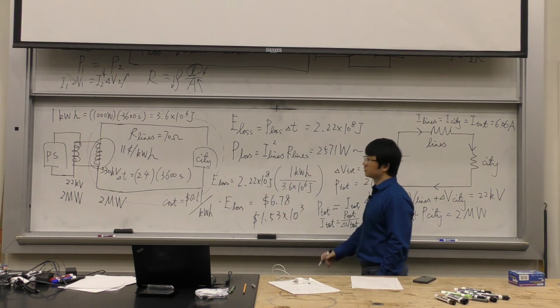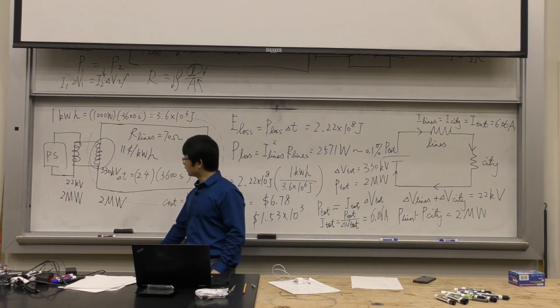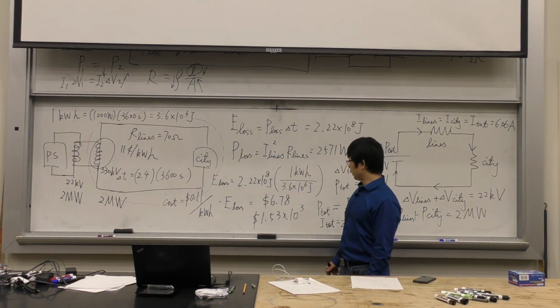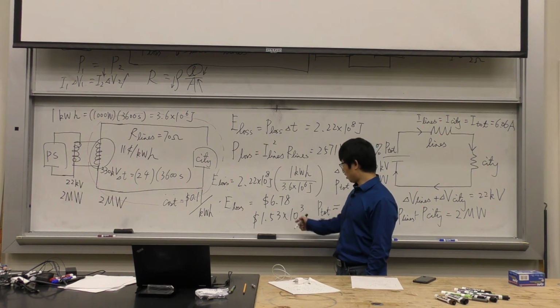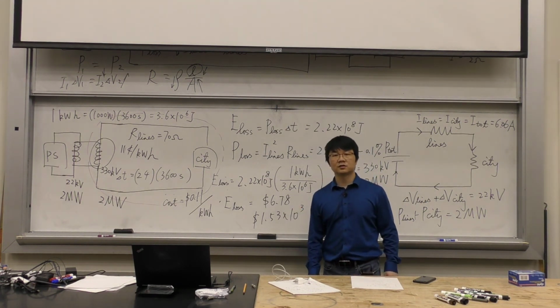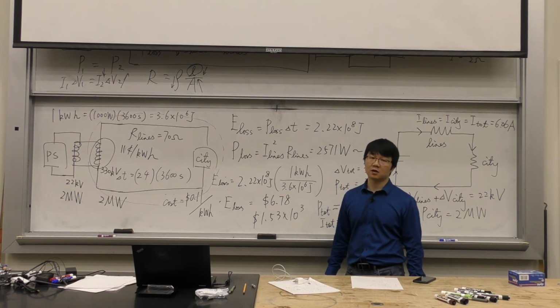Okay, so by raising the voltage from 22 kilovolts to 330 kilovolts using a transformer, we were able to reduce the cost of the energy wasted on the transmission lines from more than $1,000 a day to a few dollars a day. So that's a lot of savings.